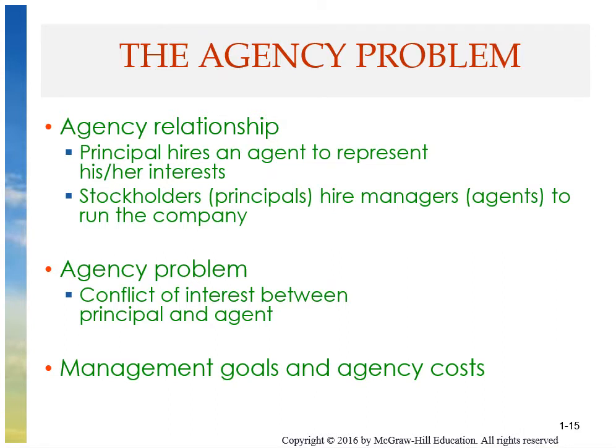So why do we need to talk about the agency relationship? Recall the topic we discussed about the corporation. One of the characteristics of a company is that they separate the ownership and the management.